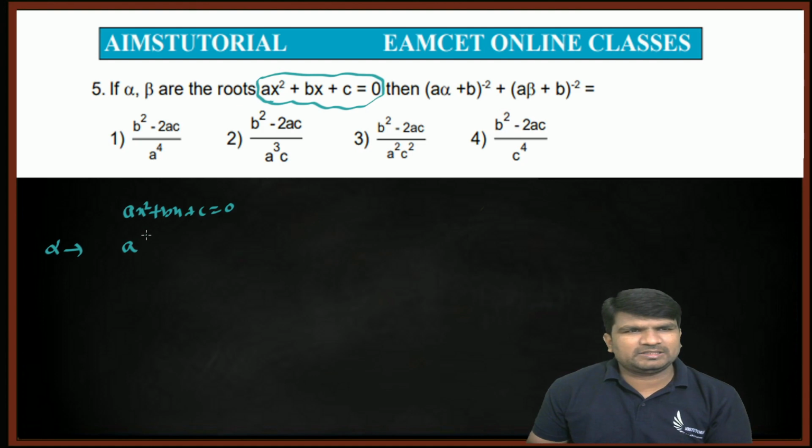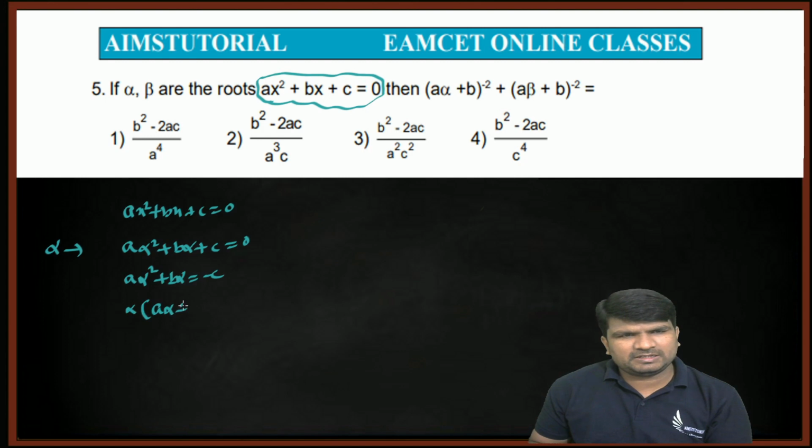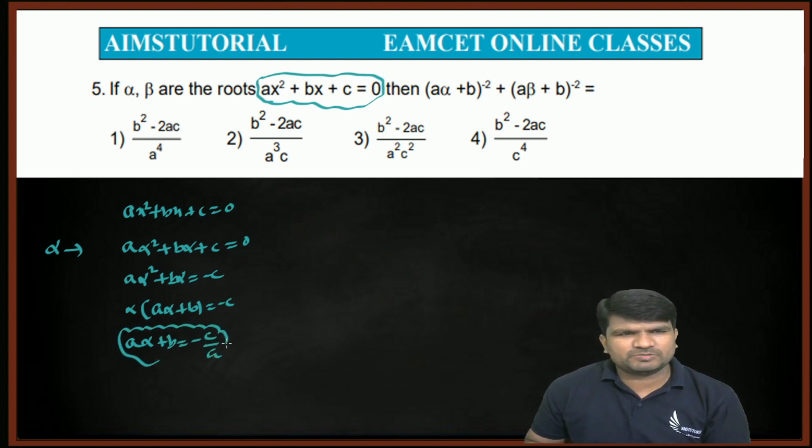So we can write alpha in the place of x: a alpha square plus b alpha plus c equals 0. So a alpha square plus b alpha equals minus c. If you take alpha common, it becomes alpha times (a alpha plus b) equals minus c, or we can write a alpha plus b equals minus c by alpha.